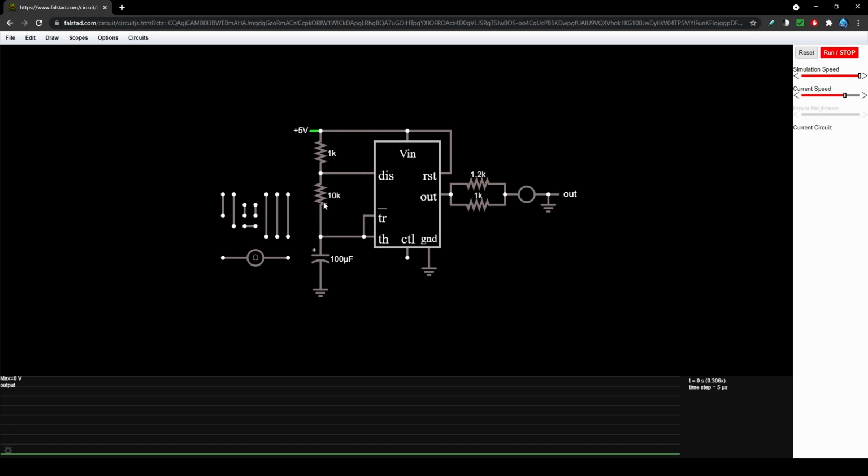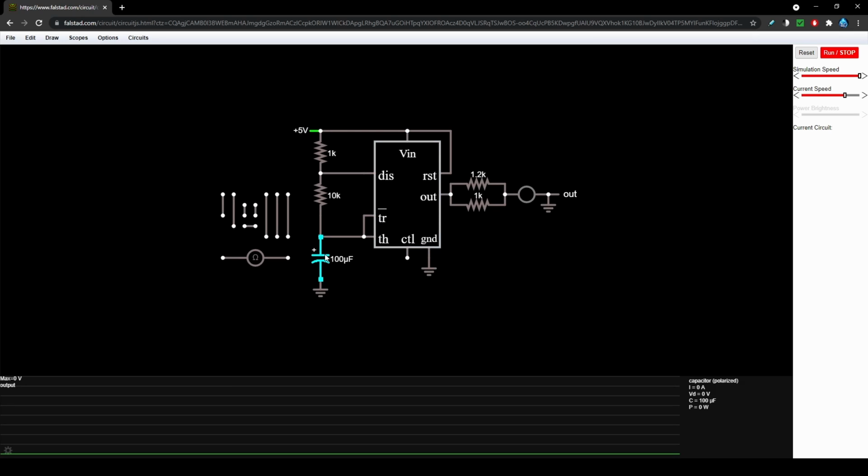So what's happening down over here is, once the threshold has reached 2/3 of the supply voltage, it will stop the timing, which causes the trigger to stop receiving the voltage and putting it out to the out pin.